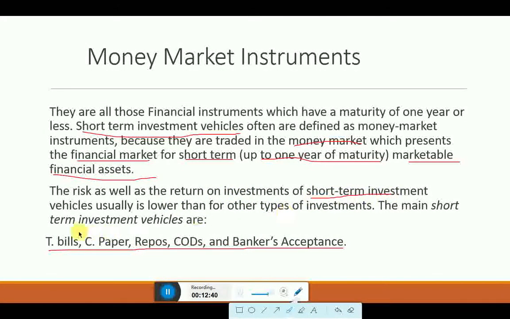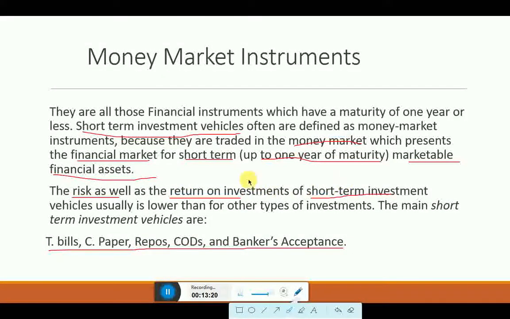Since they are short-term, their risk is low and their return is low, because in finance we have a rule which says low risk, low return, minimum risk, minimum return, maximum risk, maximum return. There is a time value of money risk factor involved as well. That's why, since they are short term, the risk of losing money is less. That's why return on them is also very less.